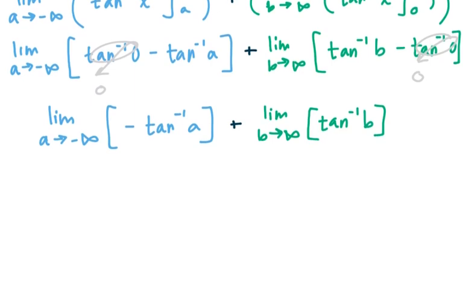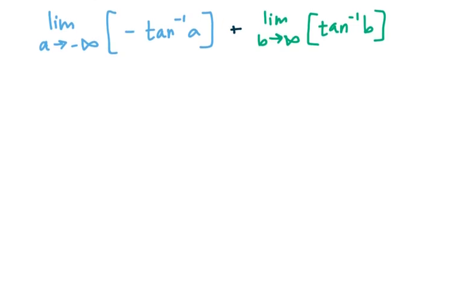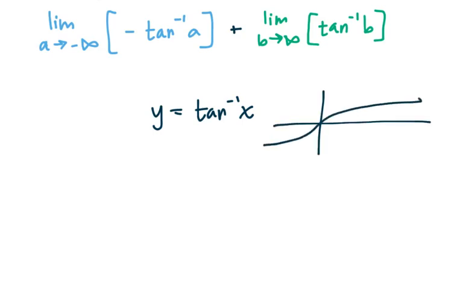At this point, we're going to evaluate our limits, and we want to think about what the graph of tangent inverse looks like. So just a refresher, y equals tangent inverse of x. That graph looks roughly like this, with a horizontal asymptote up here at positive pi over 2 and a horizontal asymptote at negative pi over 2.